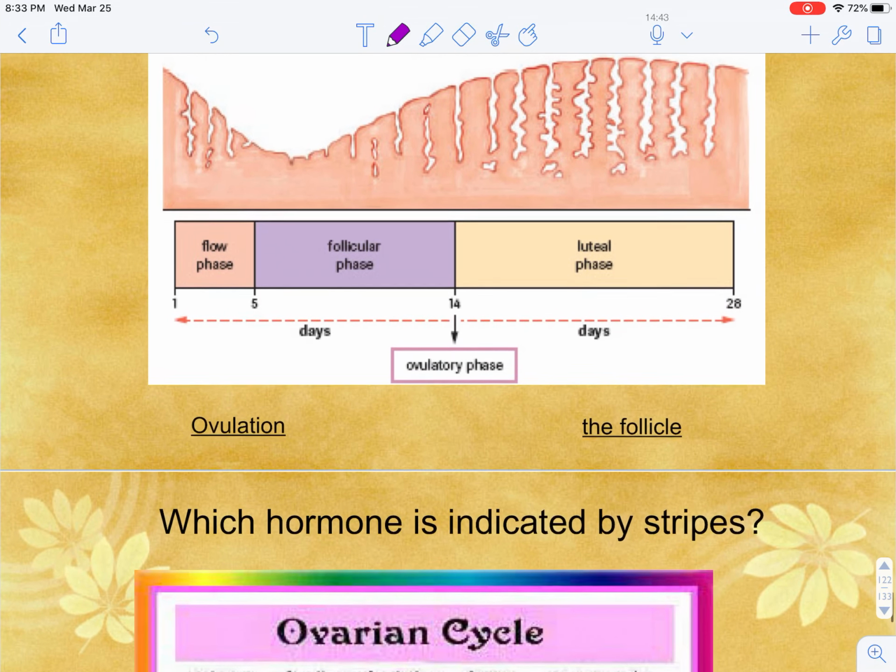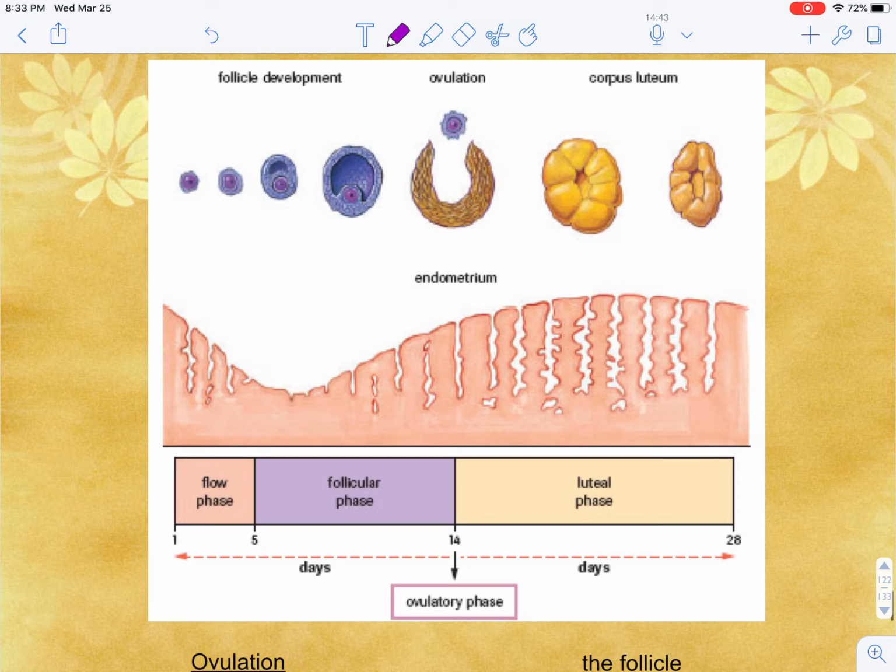I guess a few other ways to look at this picture. This one's showing you just visually kind of separate what's happening over here in our ovary compared to what's happening here in the uterus.